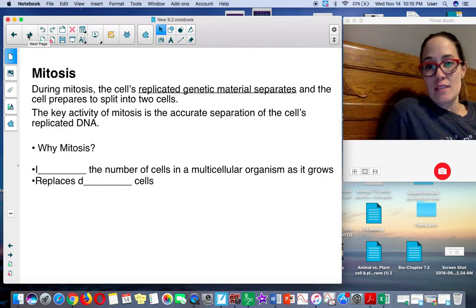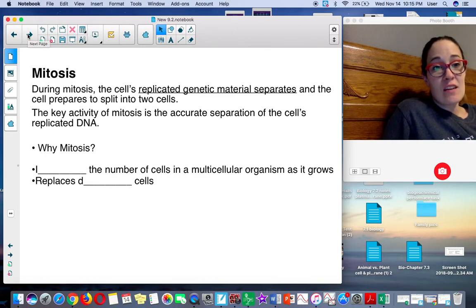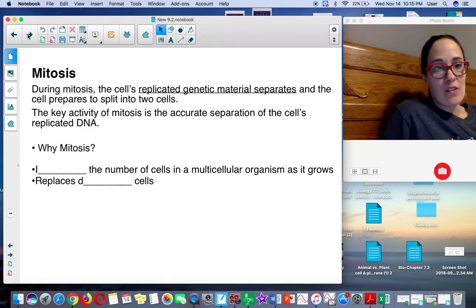So mitosis: the replicated genetic material needs to divide, and the cell needs to split into two. And this DNA, these chromosomes, need to separate accurately for it to work. So why do cells divide?